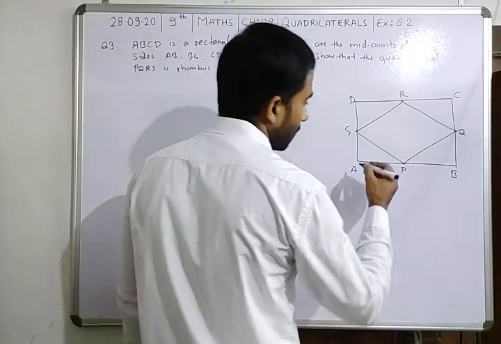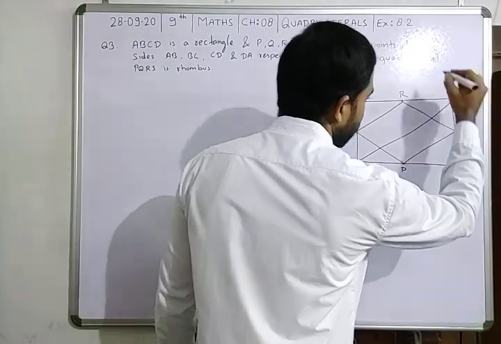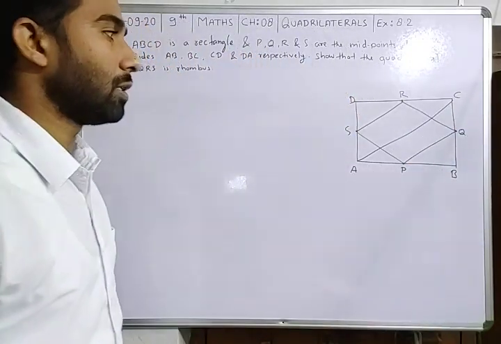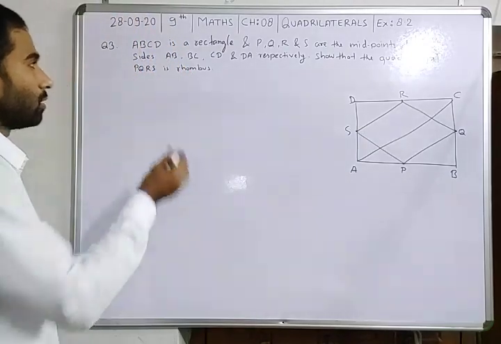So what will we do here? First of all, we will join the opposite vertices of the rectangle, A and C. It means it is a diagonal. Now let's start.